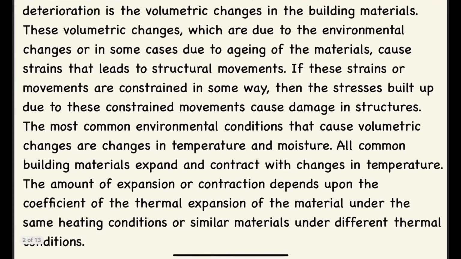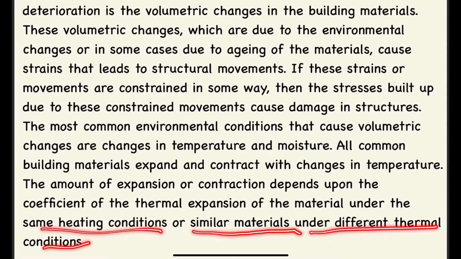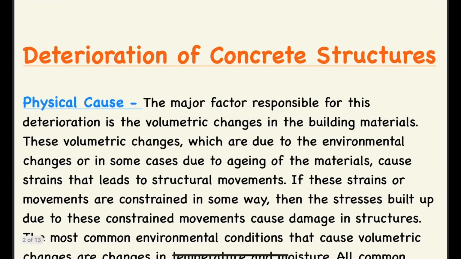So the amount of expansion or contraction depends upon the coefficient of thermal expansion. How much expansion and how much contraction there will be depends on the coefficient of thermal expansion of the material under some heating condition, or similar materials under different thermal conditions. So I hope you would have understood this.